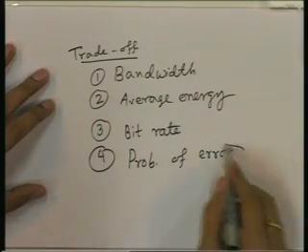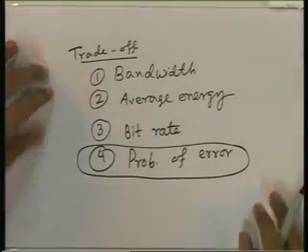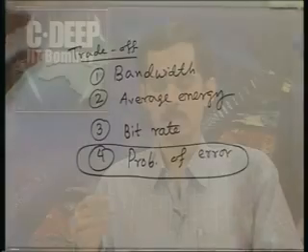We will discuss this probability of error aspect in the next class. We will see for different modulation schemes how to compute the probability of error, or how to get an estimate or a lower bound or an upper bound of the probability of error.